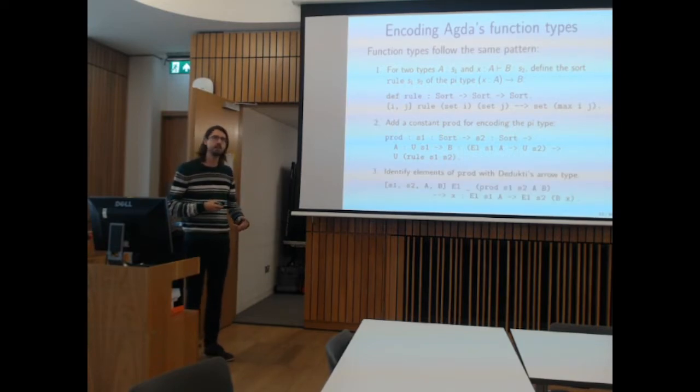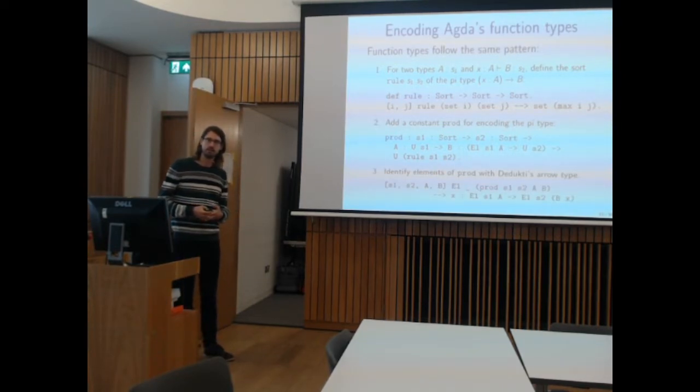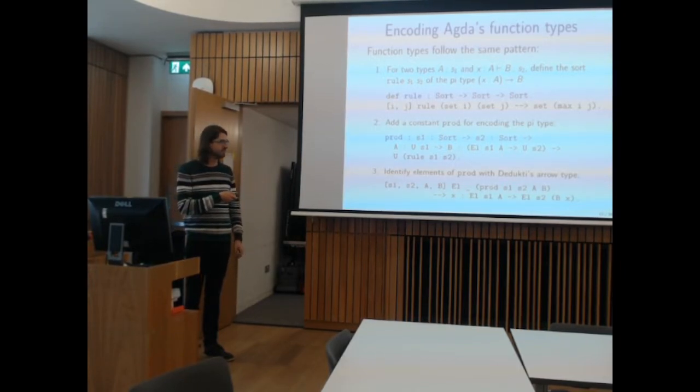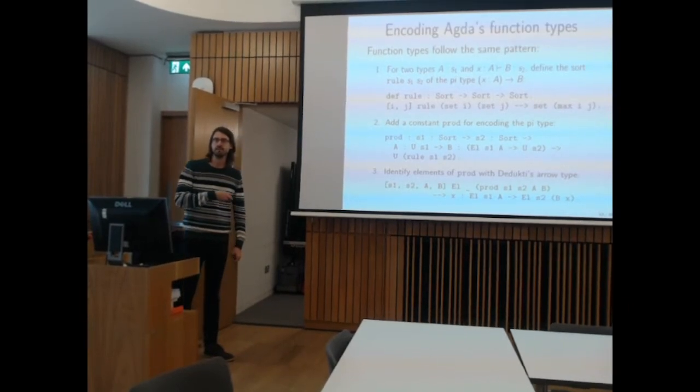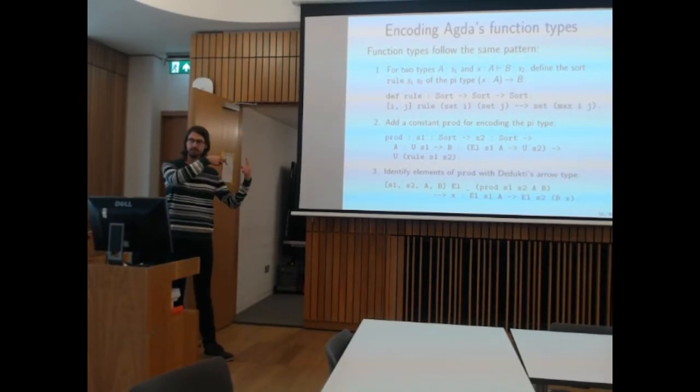And then finally, we can now do a lot of complex encoding, but actually a nice trick is we can just identify the elements of this product type with Dedukti's function type. This is basically doing, again, what I did before, the high-level abstract syntax.